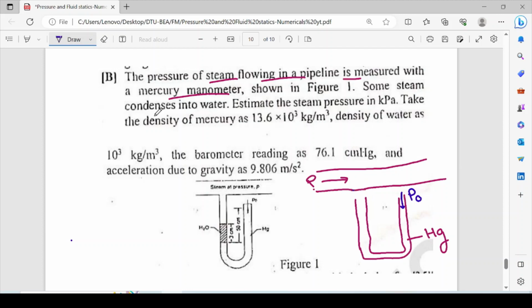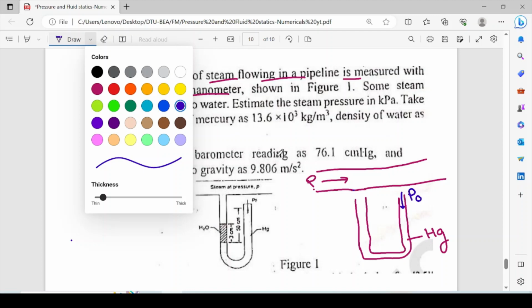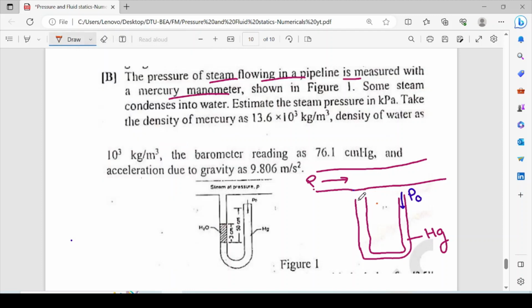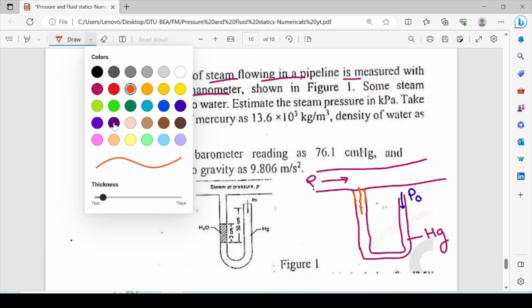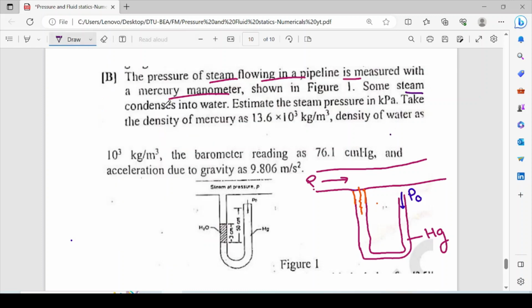first we connect to this steam pipeline. Let's suppose that we are connecting these two. Steam is flowing here, but some steam will condense into water. In a question, that means some steam condenses into water.